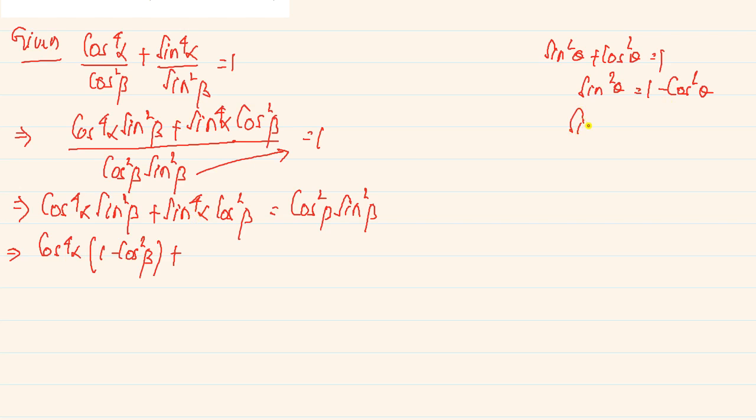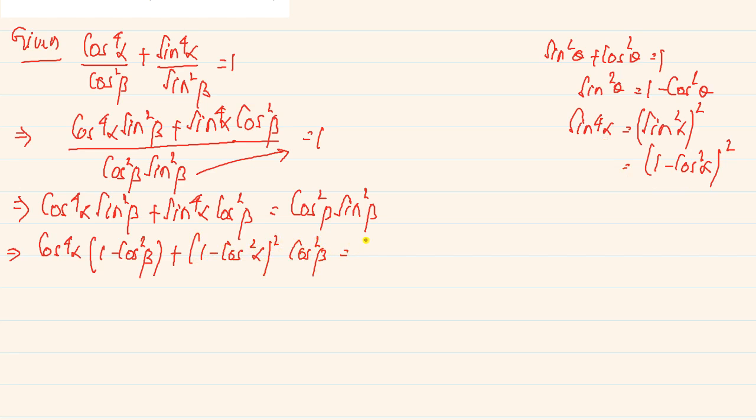So sin to the power of 4 alpha can be written as sin square alpha the whole square. Sin square alpha is 1 minus cos square alpha the whole square. So therefore sin to the power of 4 alpha can be replaced by 1 minus cos square alpha the whole square. Cos square beta is equal to cos square beta.